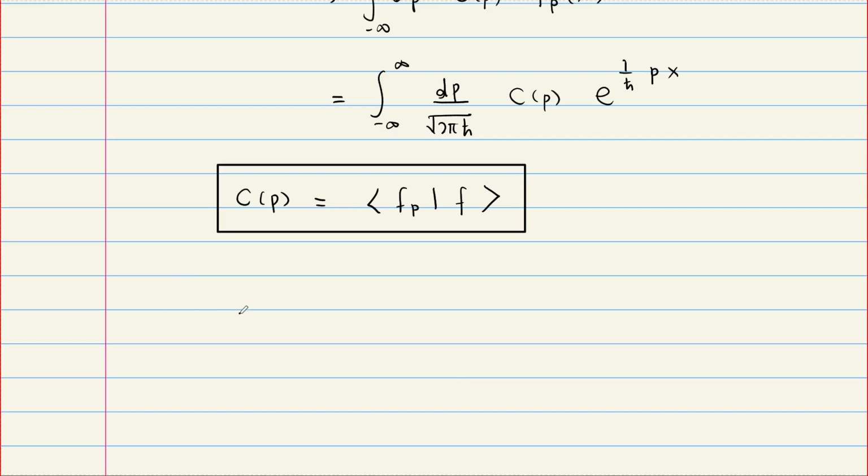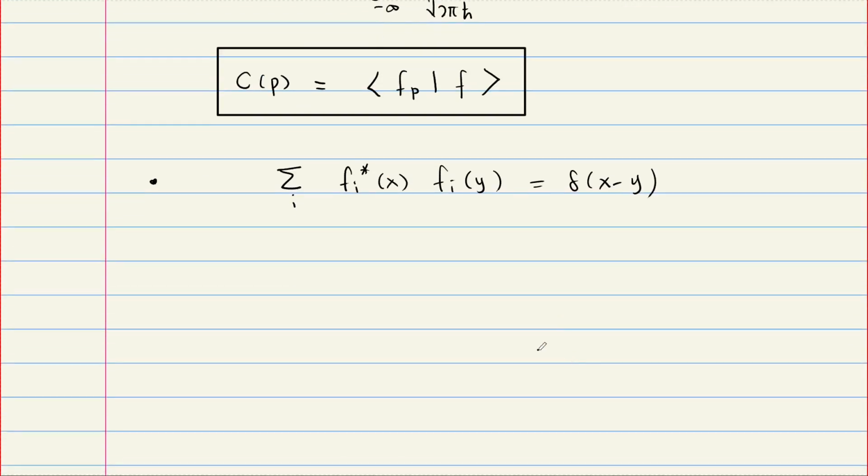So also an additional note on orthonormality. Previously we showed this, right? Σ_i f_i*(x) f_i(y) = delta(x−y). We call this one the completeness, and we can also check it for this problem. For this problem, it's going to be ∫dp f_p*(x) f_p(y). Now the p labels are going to be the same, but the argument of the function is going to be different.